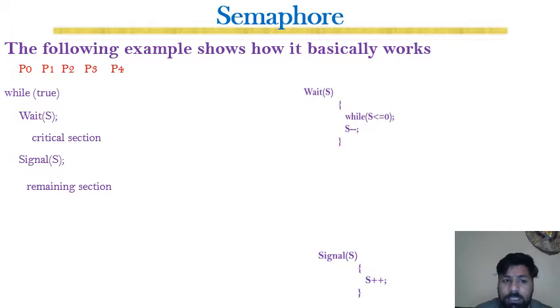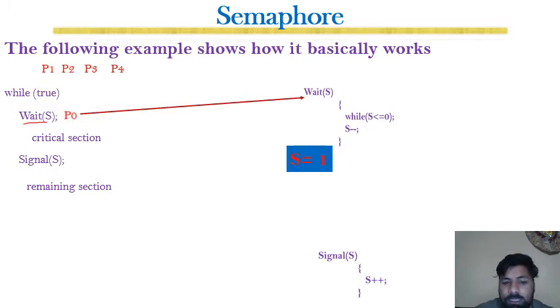Now, for example, P0 and P1 are executing, and the first value of s is equal to 1, that is the initialized value, because as I said earlier, whenever we declare a semaphore, its value will be initialized to 1. For example, P0 wants to enter the system, so it must first execute the wait function. Once it calls the wait function, it determines whether the s value is less than or equal to 0.